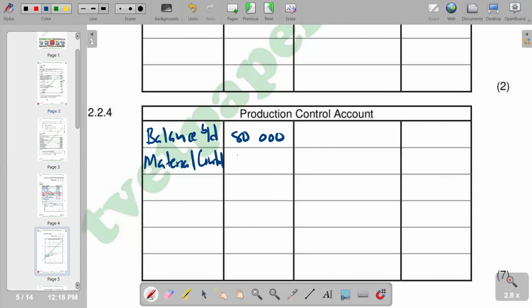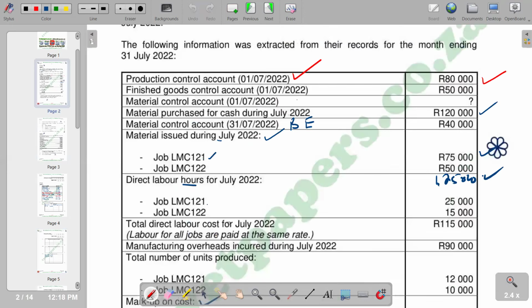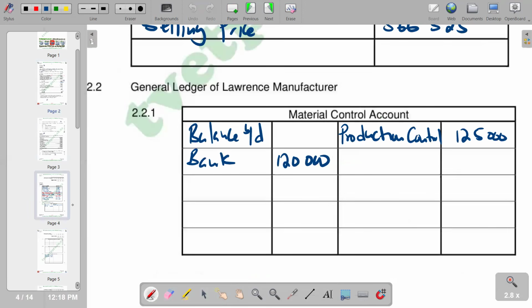We are saying 125,000. So that one, we entered that one for material issued. So on material issued, we have entered it on the credit side.